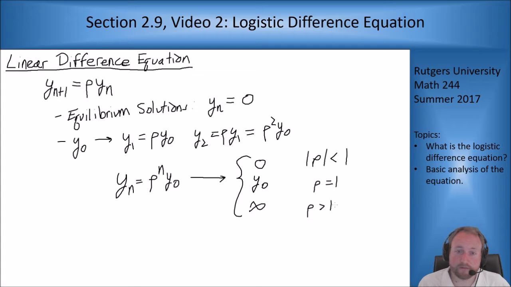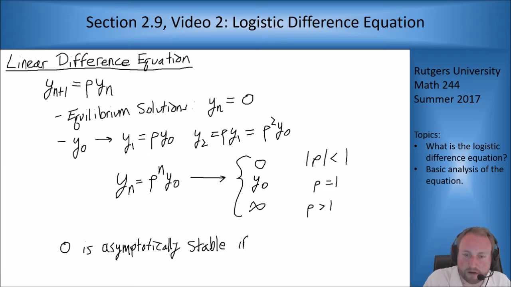So what this tells me is 0 is asymptotically stable if rho is less than 1, and it's unstable for rho bigger than 1.